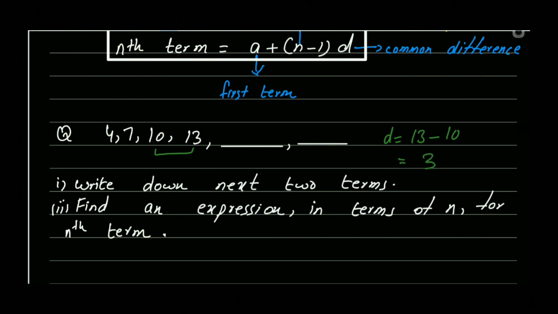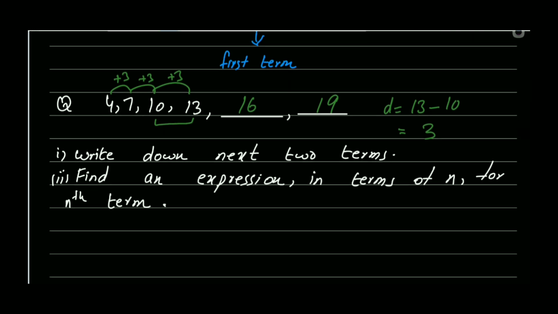So it means every time you add 3, you get the next term. You add 3 to 13, 16, you will get the next term, that is 19. So the first part is done.